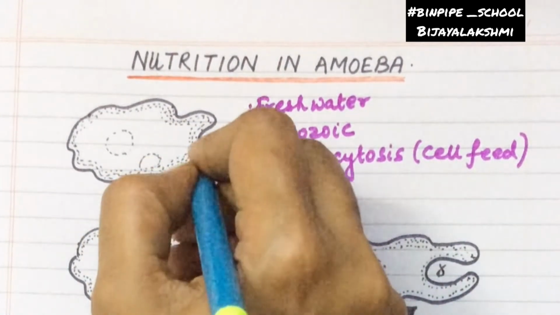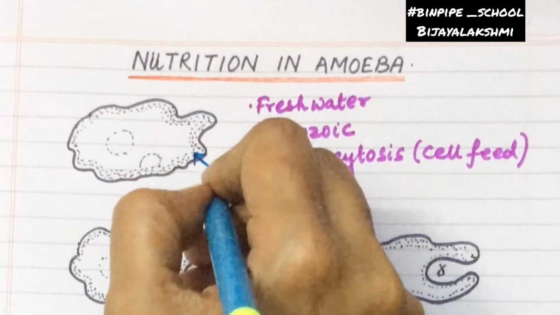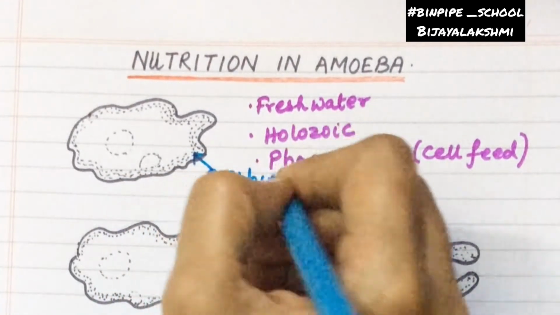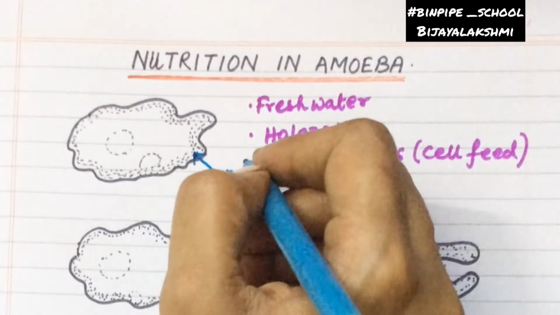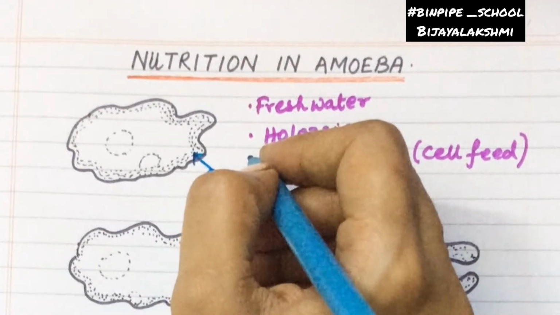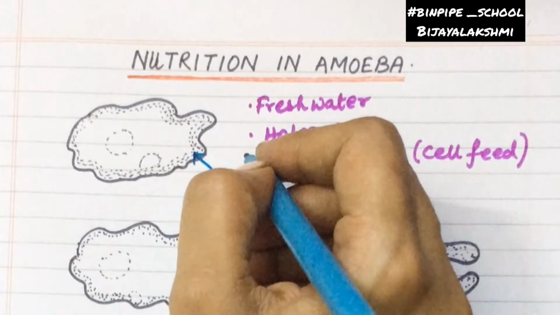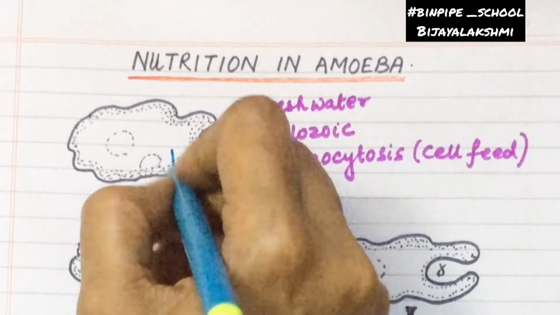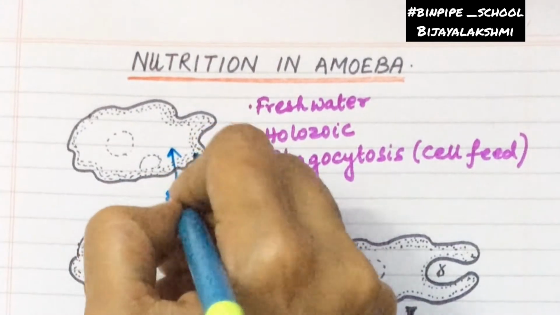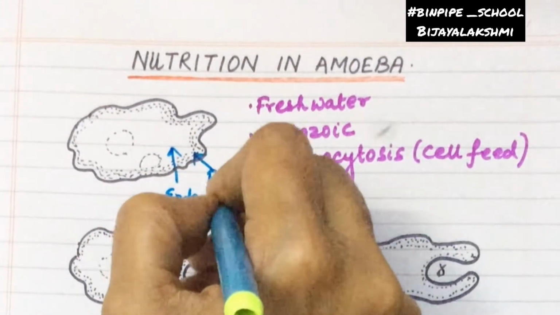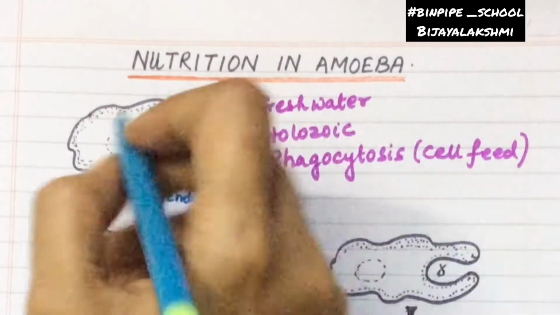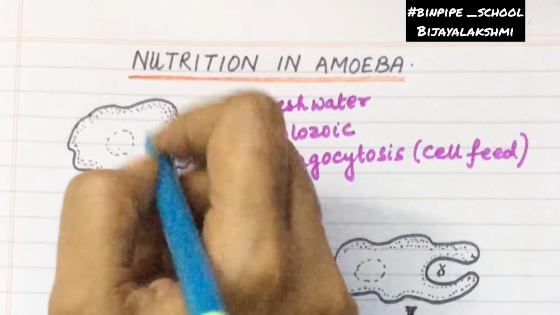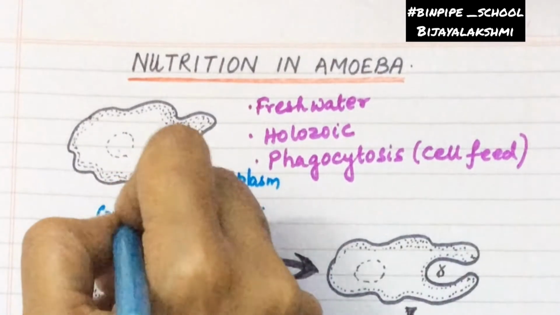That's why it is called ectoplasm here, the denser part, or you can say the gel part, and the less dense region is called the endoplasm. It has a nucleus and there is a contractile vacuole.